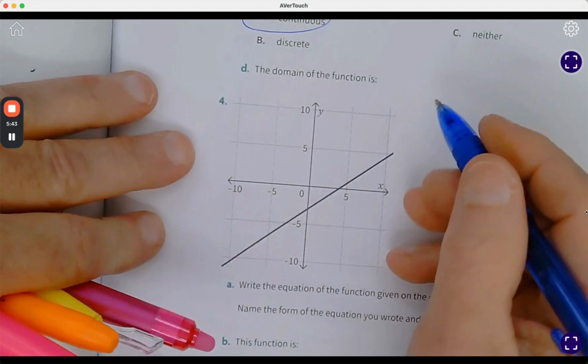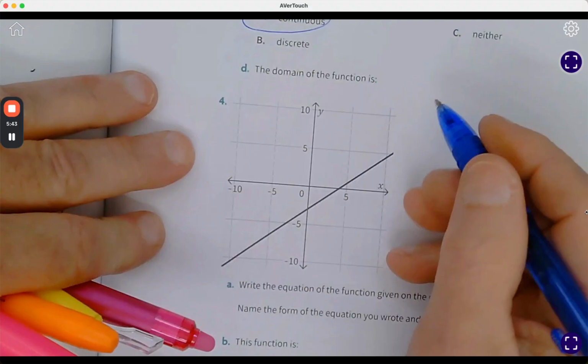It's got to be whole numbers. So this is discrete. The domain, interval, inequality. Okay, so the minimum is 0, and that is inclusive. There is no max. Inclusive means equal to underneath that. All right, let's keep going.